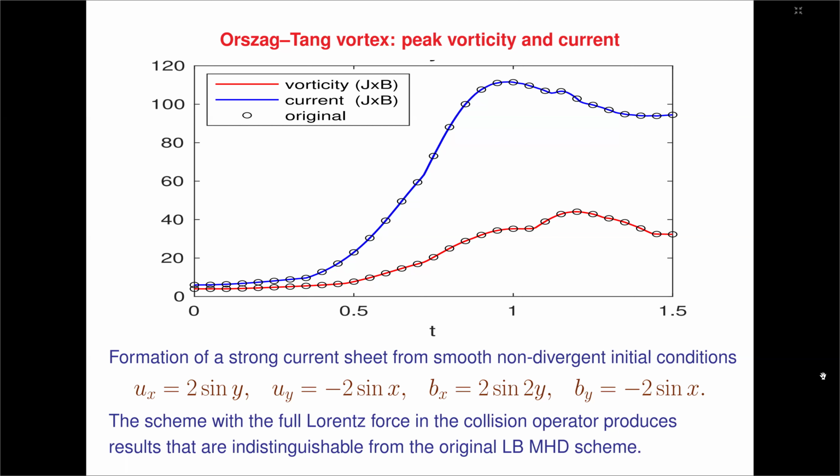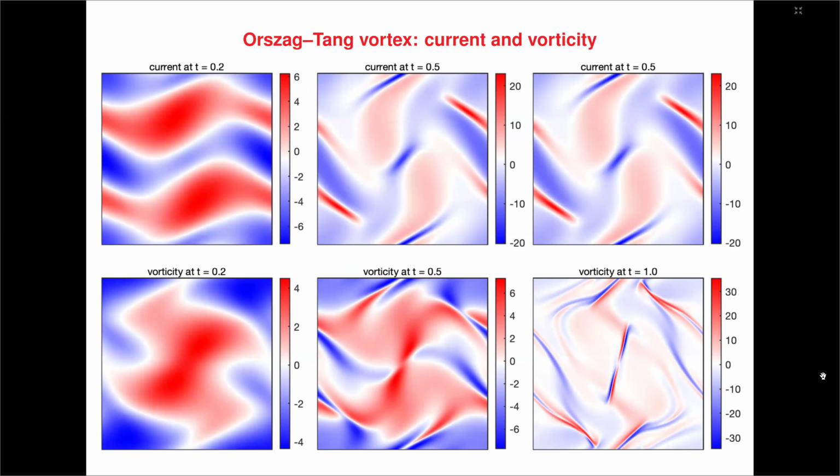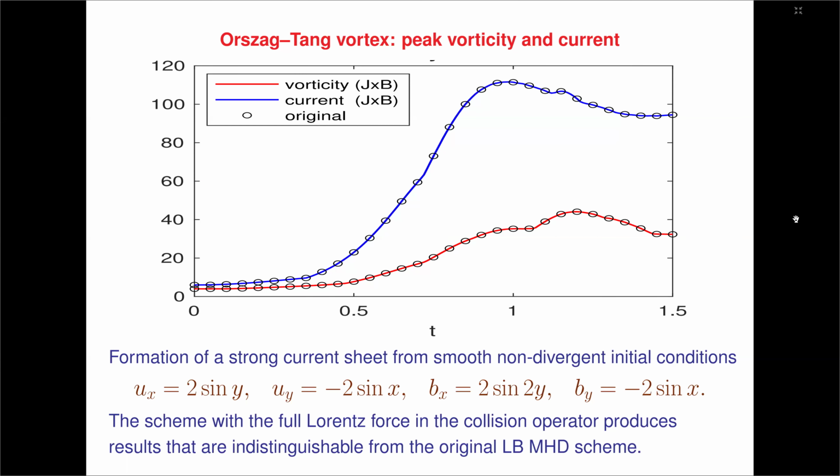I thought this was a crazy idea when people started doing it, but it just works just as well, and it's actually more stable. So that's just pictures, current and vorticity. We start off with something really smooth, and then we wind up to form intense currents. Current and vorticity at later times, that was these things that are going up to a peak and back down again.